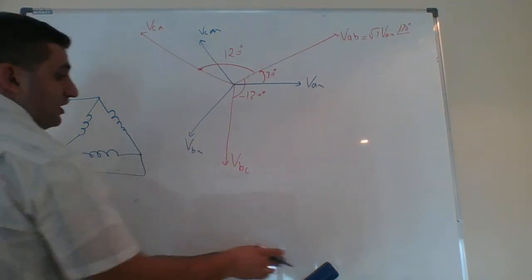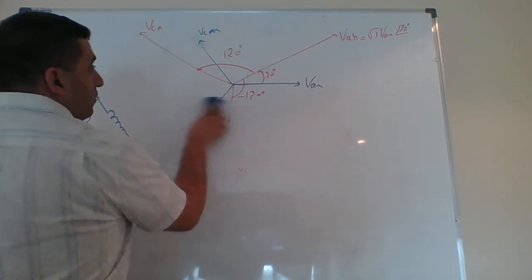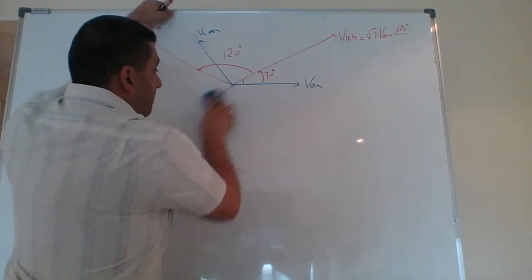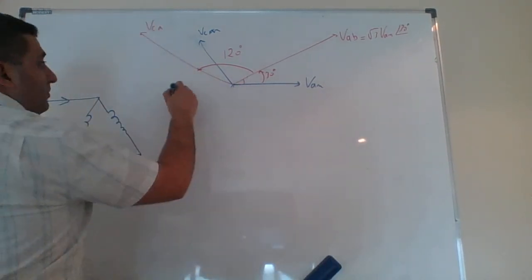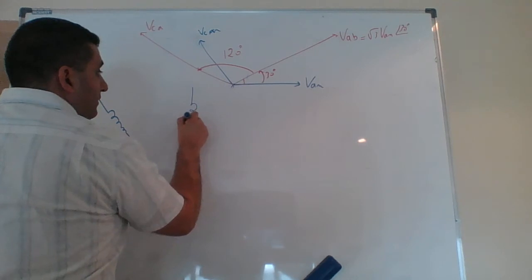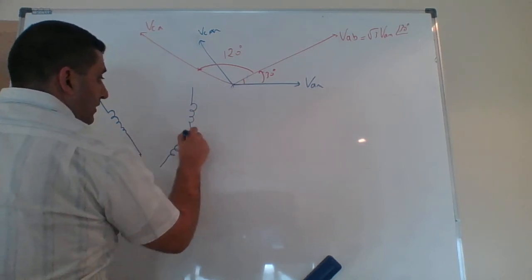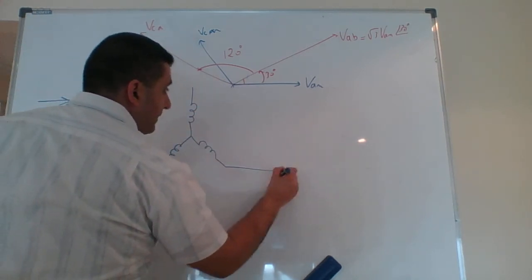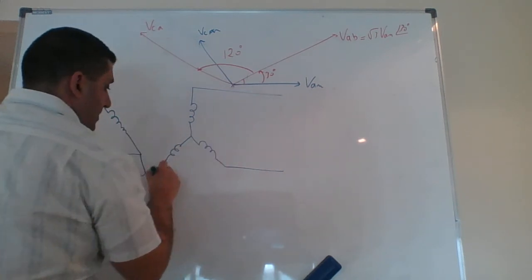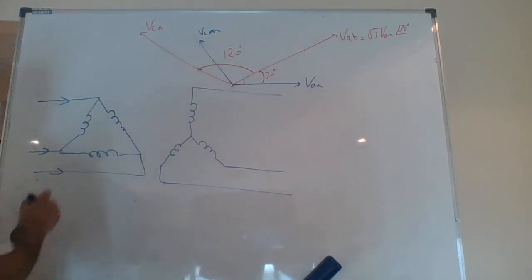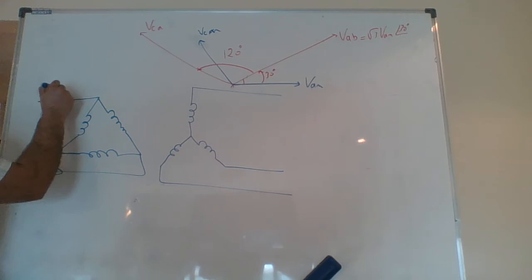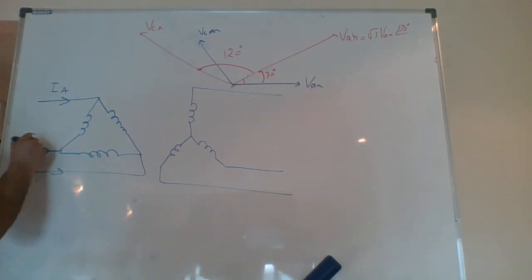And the second side of the transformer is connected into Y. I call that IA, IB, IC.